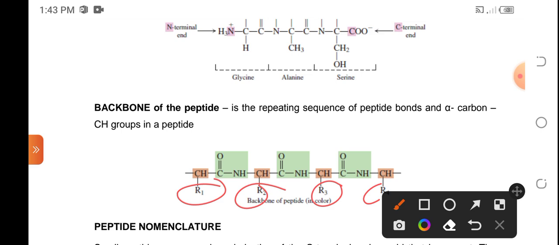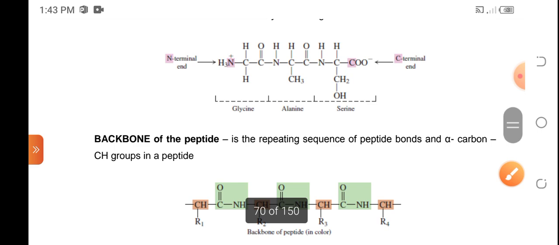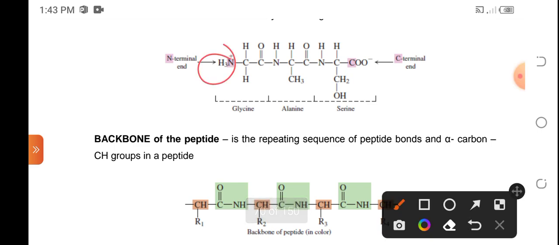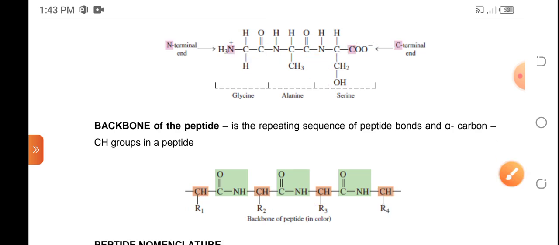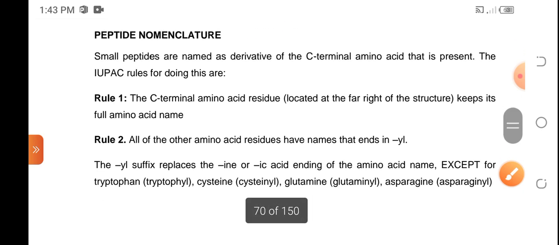So, just like this one, dun sa unang example natin, we still have the N-terminal, the C-terminal, the backbone, and for every alpha carbon atom, of course, we have the identity of the R group. Okay? So how do we name these peptides?